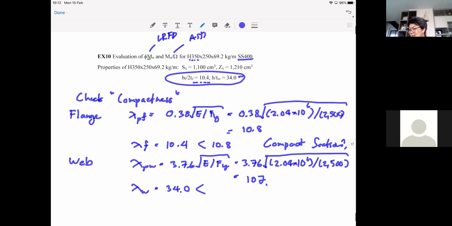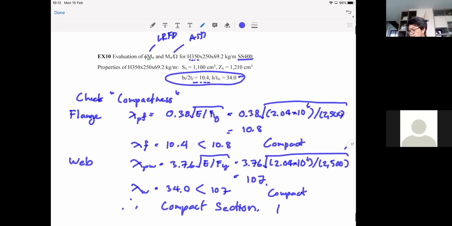It is less than 107. So you have a compact, I should say, excuse me, not compact section. I should say compact here. So we can now conclude that we have a compact section because both the flanges and the web are compact.